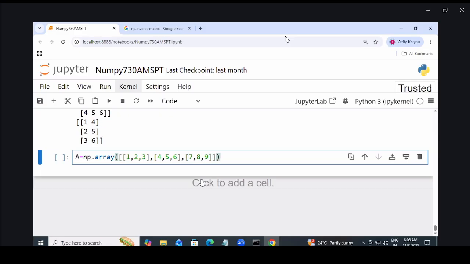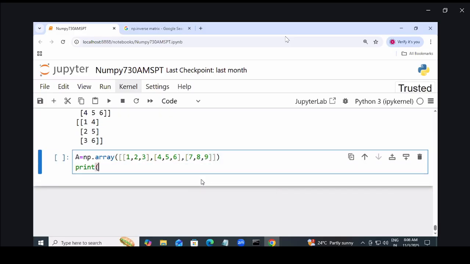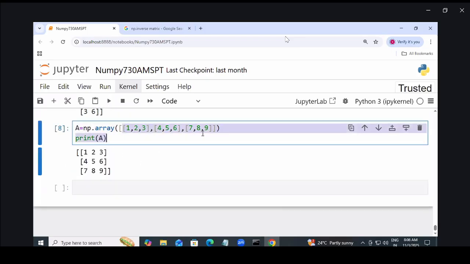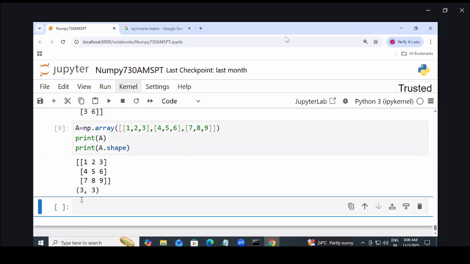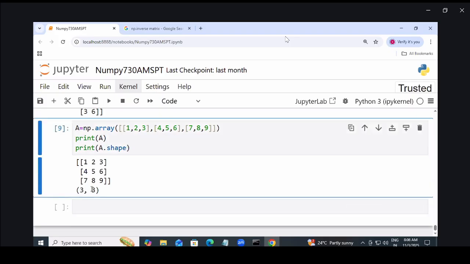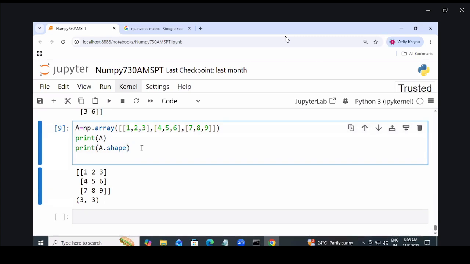So which matrix is this? Square matrix. The shape of this array is 3 by 3, which means 3 rows and 3 columns. So it is a square matrix.